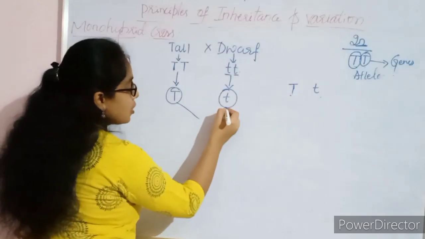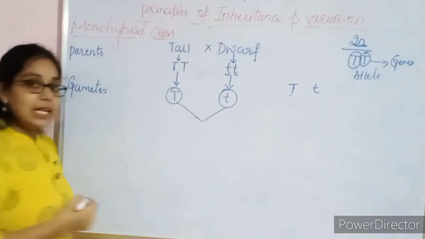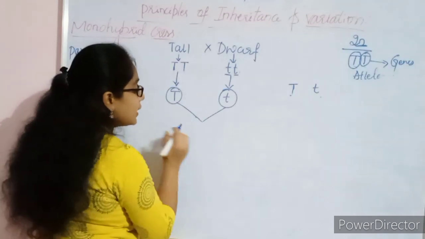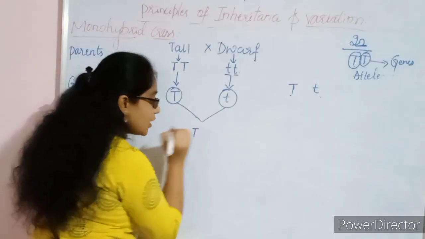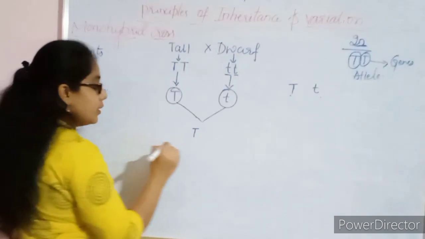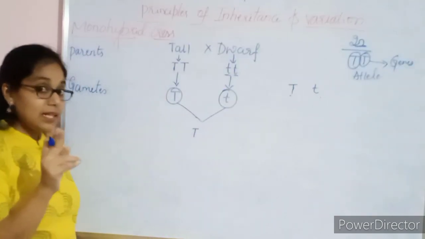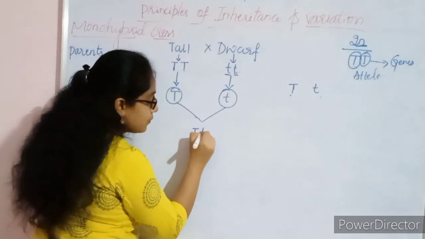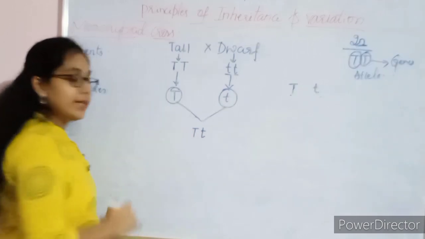Understood? So after gametogenesis, what happens? Fertilization has to take place. Correct? After fertilization, the diploid zygote is formed. So diploid zygote means 2 alleles you have to write. One is capital T, another one is small t.